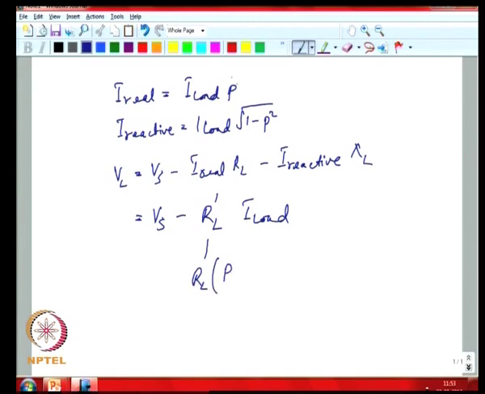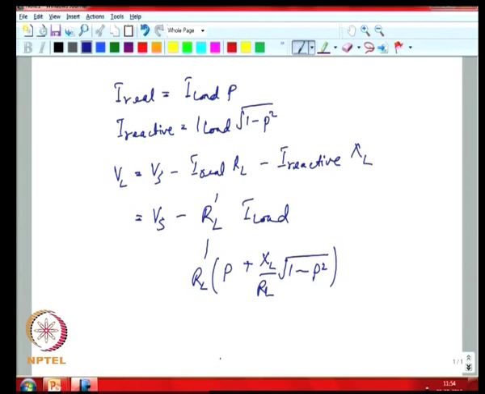So, from the real voltage drop term plus XL by RL square root of 1 minus P square, and XL by RL is now your X by R ratio of your feeder.